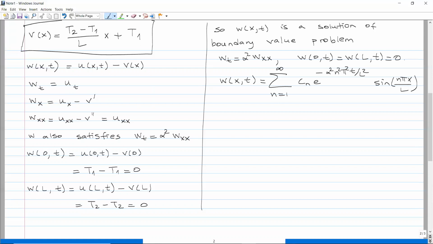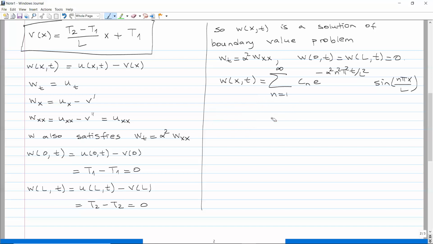Now, what are the constants, the C_n's? Remember, they are given by 2 over L, integral from 0 to L, of the function w(x,0).